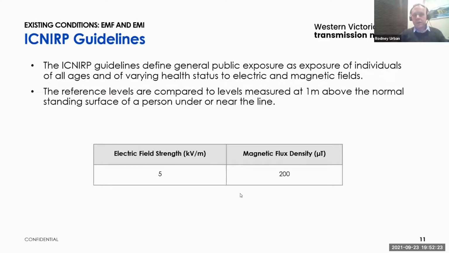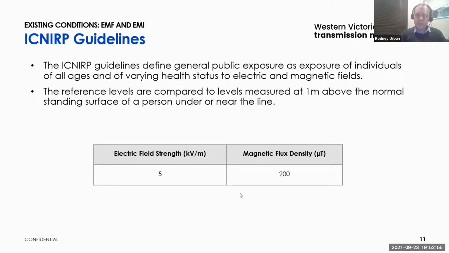These ICNIRP guidelines define general public exposure reference levels for individuals of all ages and varying health status to electric and magnetic fields. They are compared to measured field levels at 1 meter above the normal standing surface under a line or adjacent to a line. Those reference levels are 5 kV per meter for an electric field and 200 microtesla.